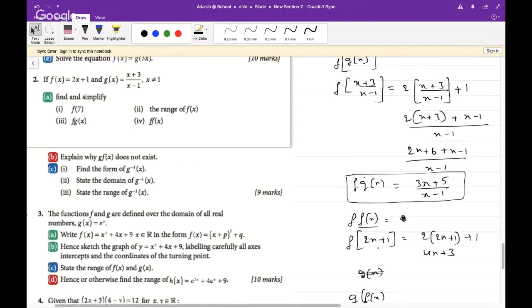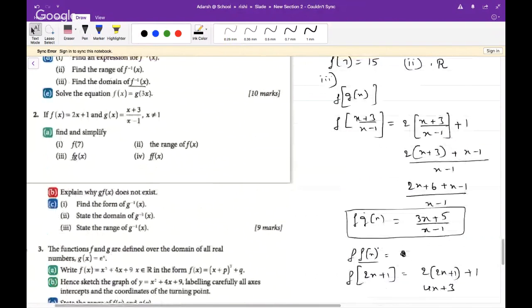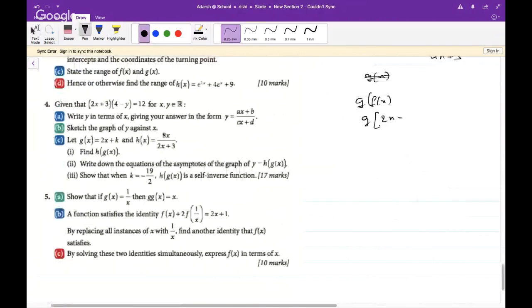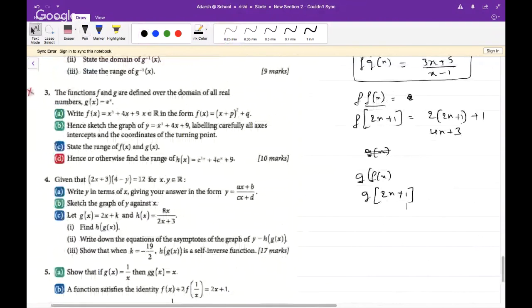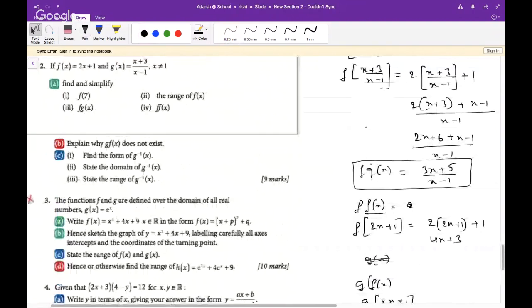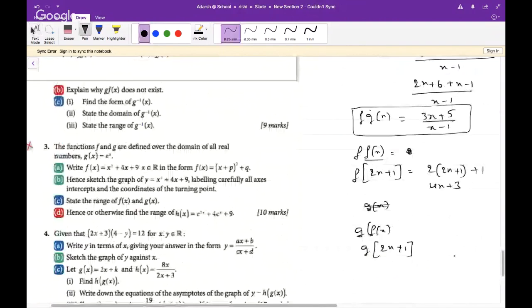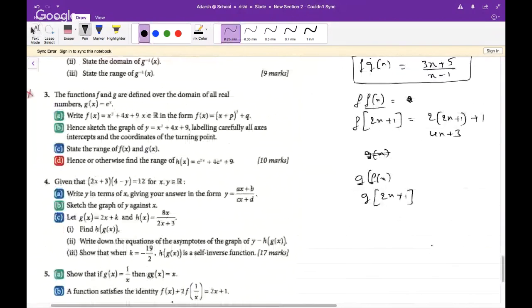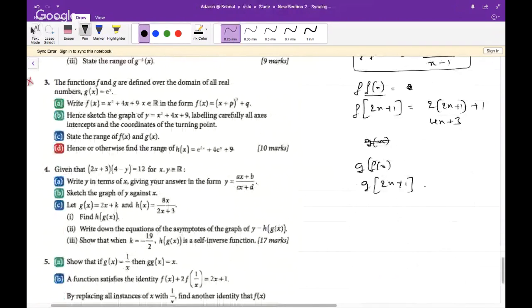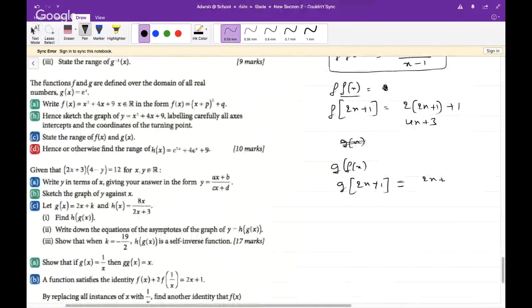What is f of x? 2x plus 1. So 2x plus 1, and g of x function was x plus 3 and x minus 1. So x plus 3 and x minus 1. In place of x, you have to write 2x plus 1 plus 3 divided by 2x plus 1 minus 1.